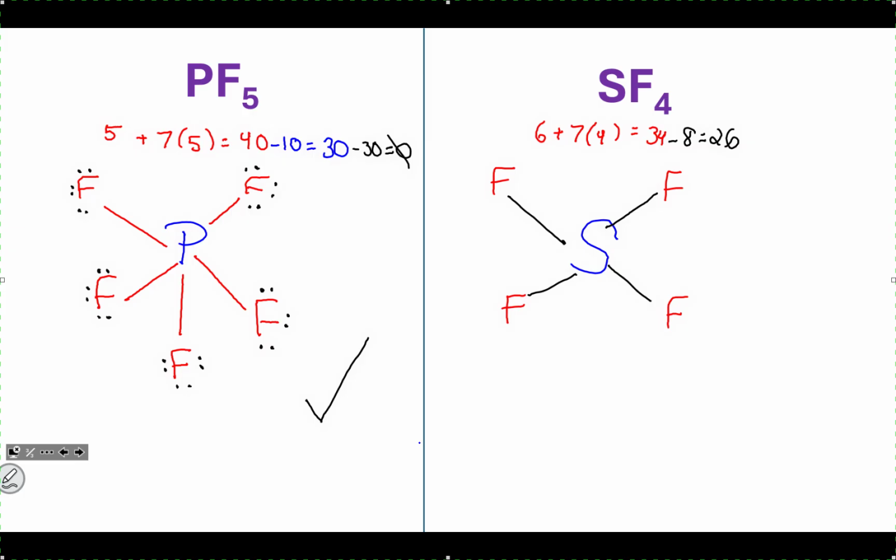We're going to repeat the process for the sulfur tetrafluoride, and we're just going to put our valence electrons on the fluorine, like in the last example. Okay, so now each fluorine has 8 around it.